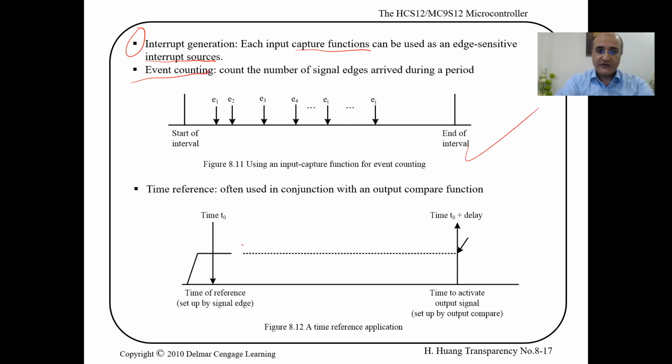Timing between the events. In this case, you will take the value of the TCNT, and then when it happens again, this is your reference, and you measure this time.